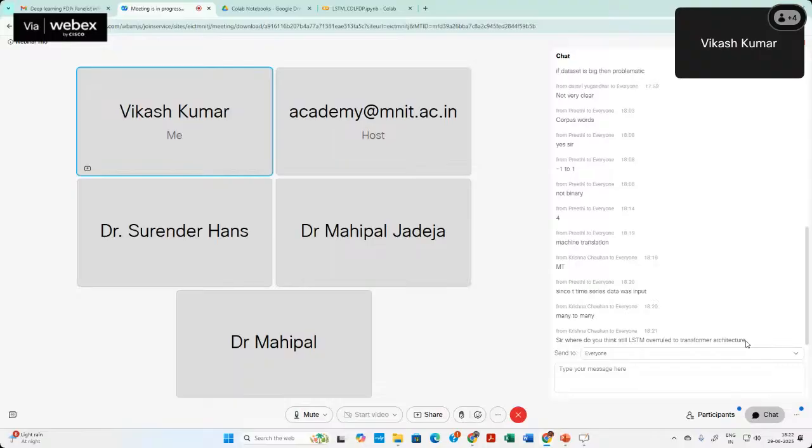Okay, so it is just one advanced form of this LSTM where the gating mechanism is absent. I'm not sure in which application it will overrule the transformer, but it is a nice question. I will definitely explore this one.